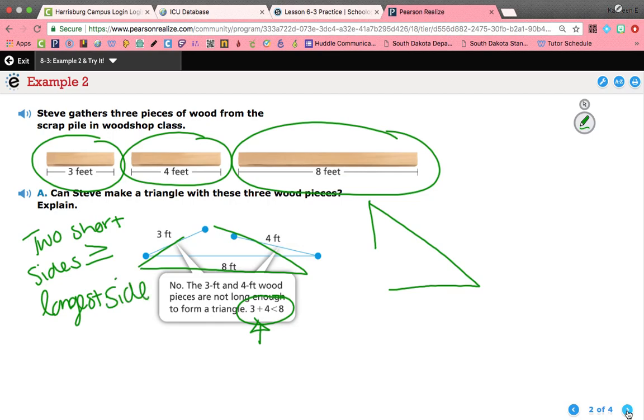Remember that 2 short sides must be combined together, added, to be greater than or equal to the longest side, or you cannot make a triangle.